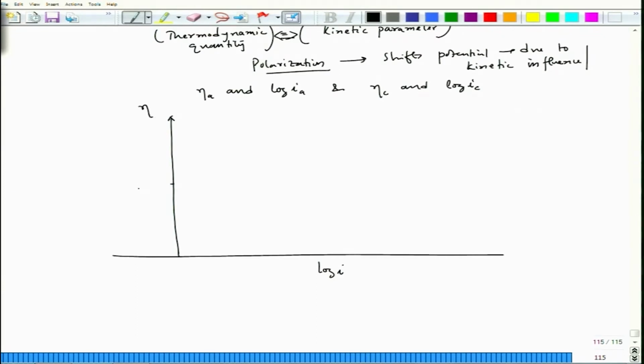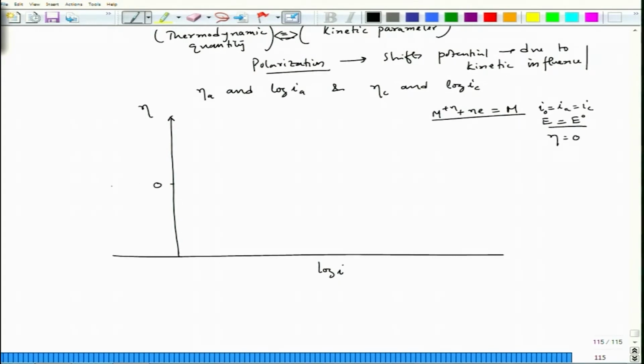Now, when the system reaches equilibrium, for example this particular system we have considered, M, when it reaches equilibrium, that means I equal to I0 equal to Ia equal to Ic, and E equal to E0 if it is in standard condition, that time this is equal to 0.